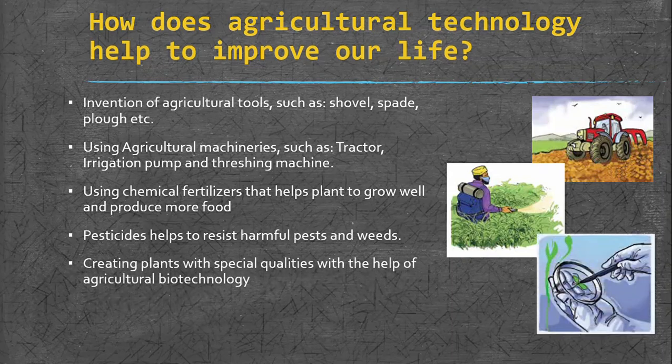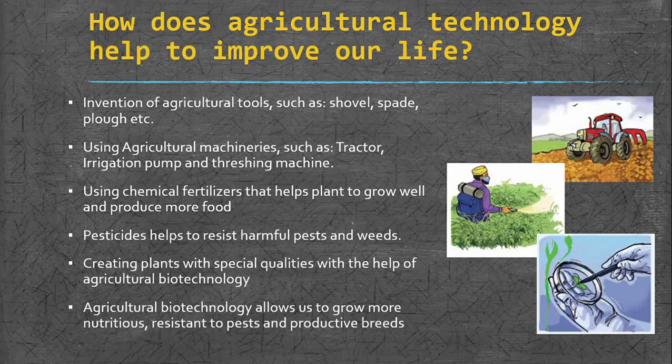Not only this, there is a new term in agricultural technology, and that is agricultural biotechnology. You know what biotechnology is? Biotechnology is a technology that uses living things to make new products for human welfare.